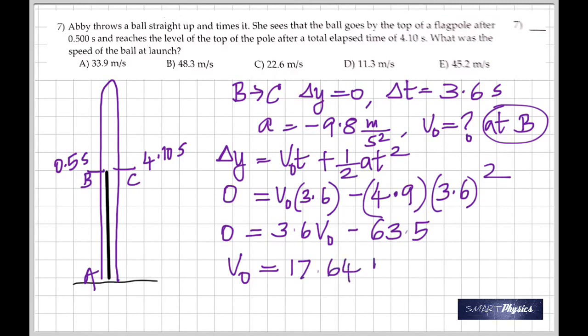Get that as 17.64 meter per second. That is the initial velocity at B.